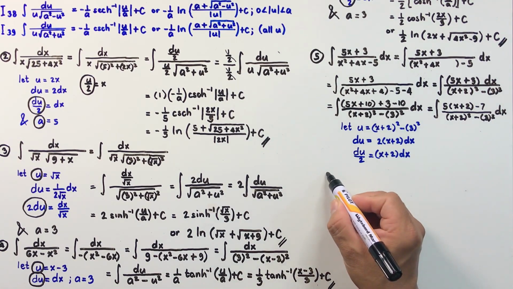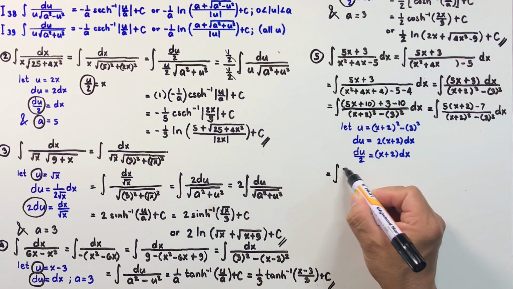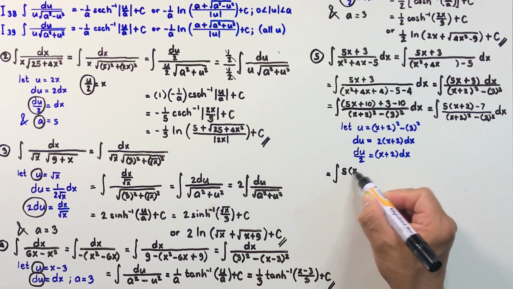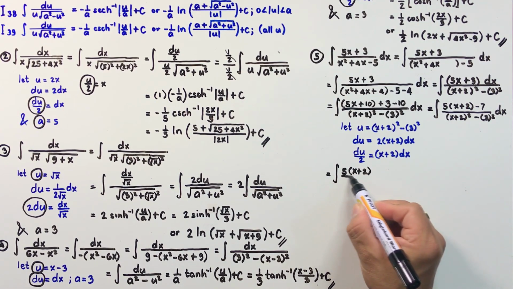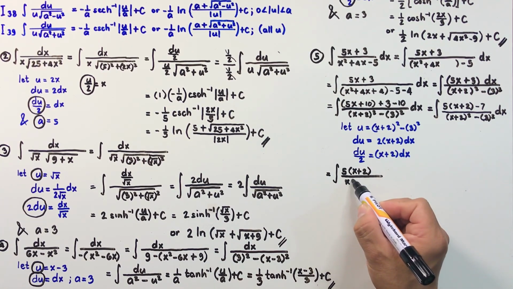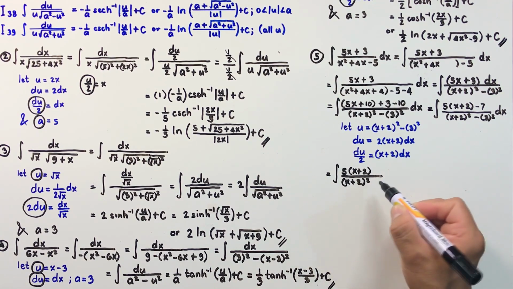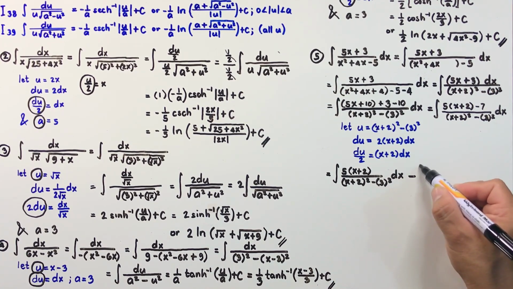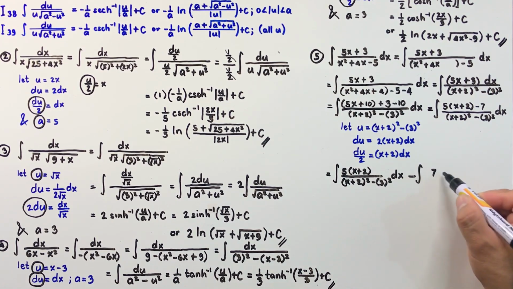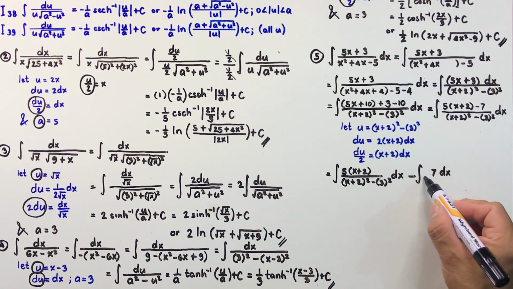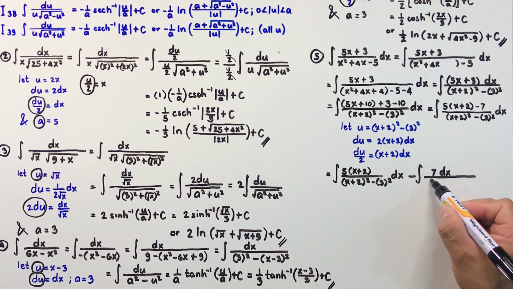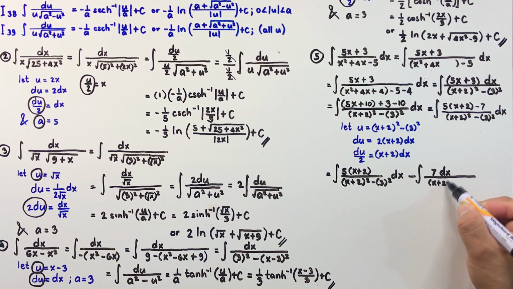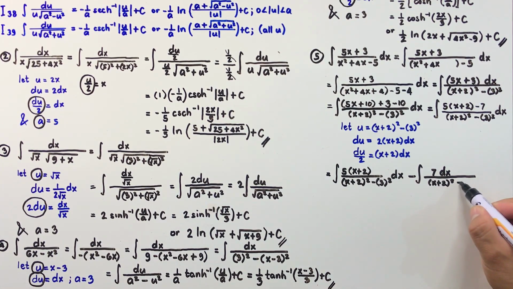So we have the integral of 5 times x plus 2 divided by the quantity x plus 2 squared minus 3 squared dx. And then we separate our 7 dx, but this is divided also still by the quantity x plus 2 squared minus 3 squared.